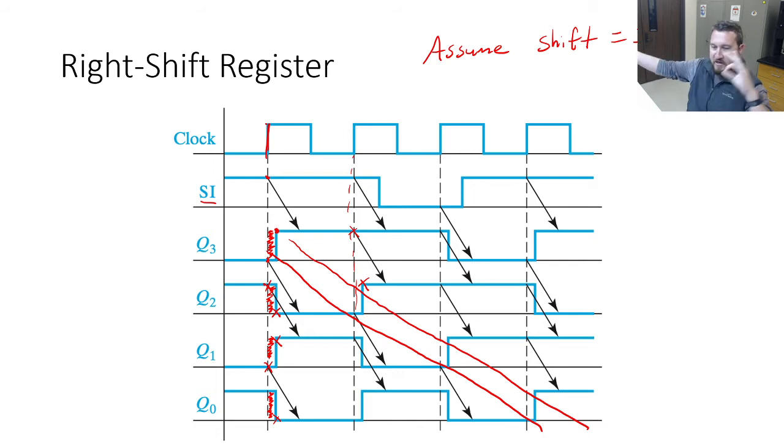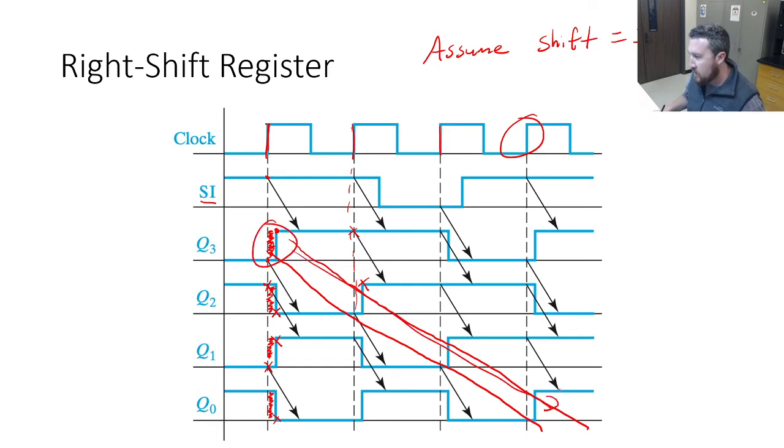It's not like Q0 has to wait for all the delay from Q3, right? Since they're triggered on the rising edges of the clock and they're all getting the clock, they each only have their own delay. Of course, there's some delay in that it takes 4 clock cycles for this one to make it all the way down to the last one, right? So you can think of the shifting of the bits as having a delay related to the clock cycles, but the actual flip-flops themselves have no delay.